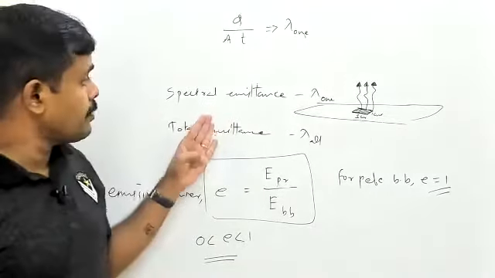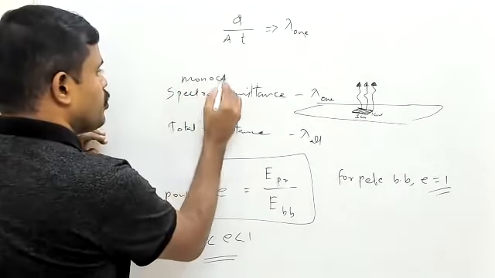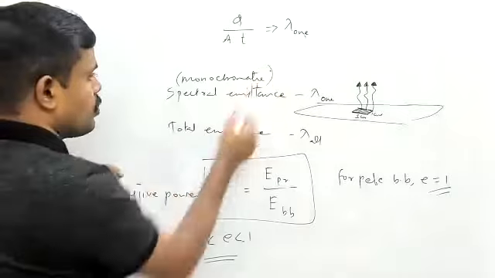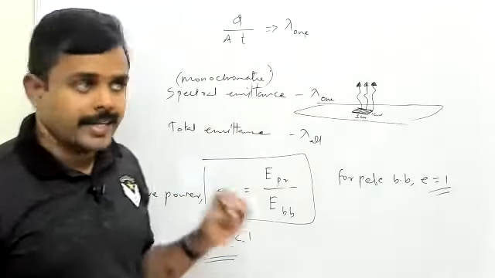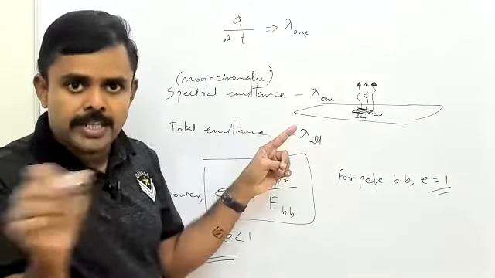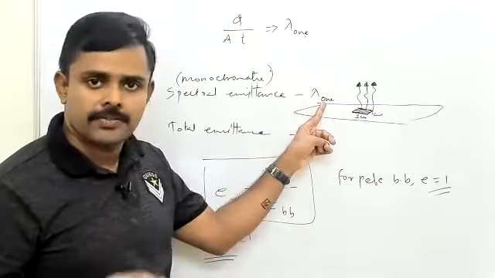So I'll quickly repeat this. What is spectral emittance or monochromatic emittance? Monochromatic means single wavelength. It is the energy emitted per area per second, from unit area, for one particular wavelength.